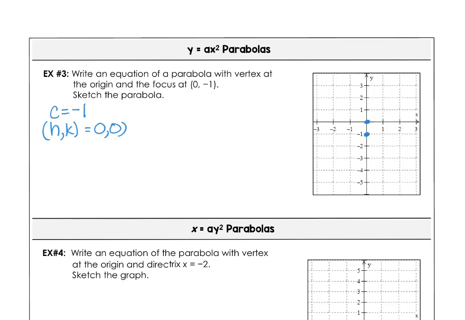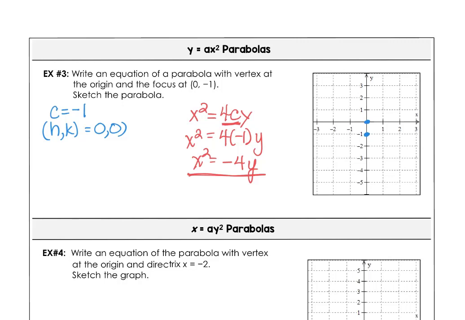So we're following the model for x squared equals 4cy. So we need to figure out 4c. So if our 4c is -1, then our x squared is -4y. So we know the equation for our parabola.